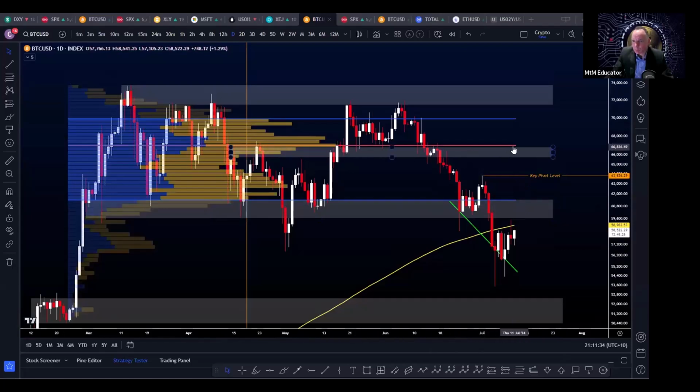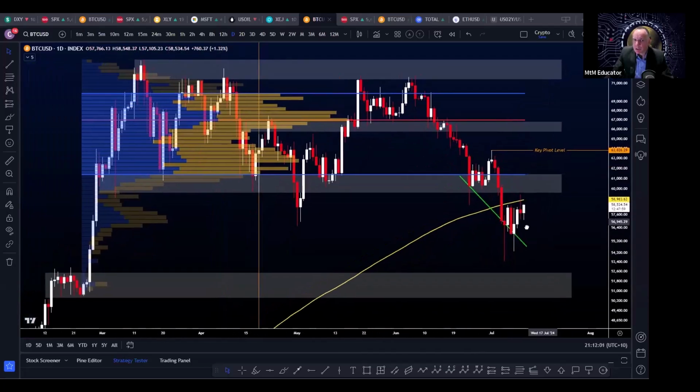This red line is what we call the point of control, sitting at 66.9K, which aligns perfectly with the support level I said where the bulls are firmly in control once we get above 67K. It just shows you the confluence you can get by using indicators and other tools really helps your decision making.